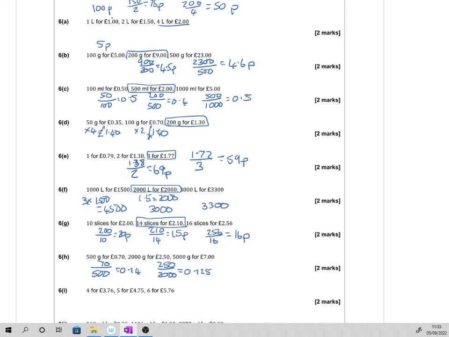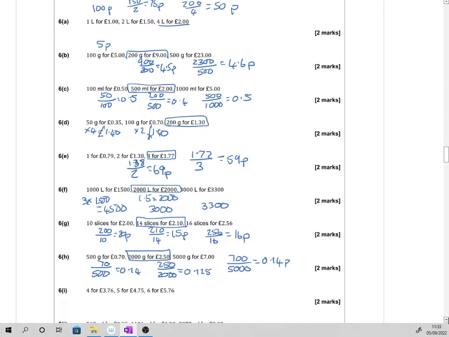So that's a bit cheaper per gram. And this is 700 pence divided by 5,000, which is 0.14 pence per gram. So which is the cheapest? This middle one.